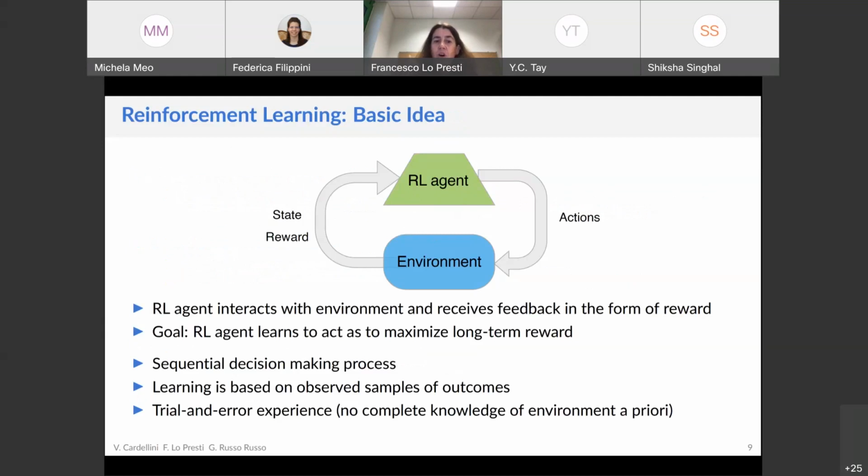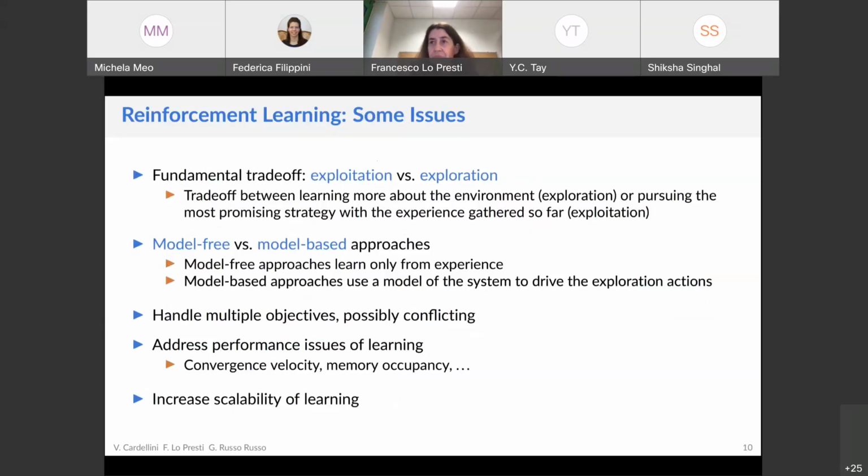And so we will use cost rather than reward, because our goal in this case is to minimize the long-term cost of the actions.